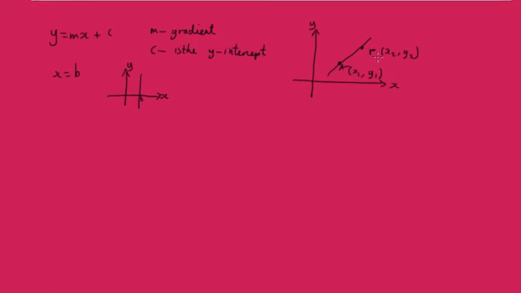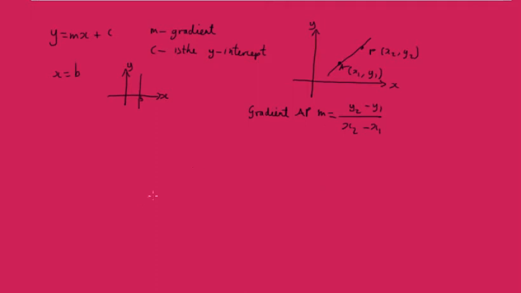And so we know that the gradient of AP will be m equals y2 minus y1 over x2 minus x1.